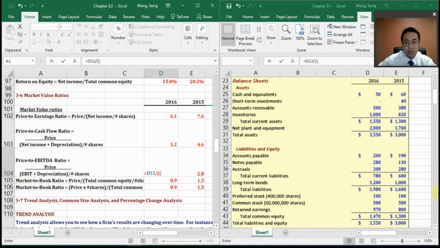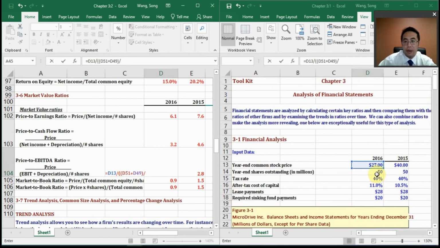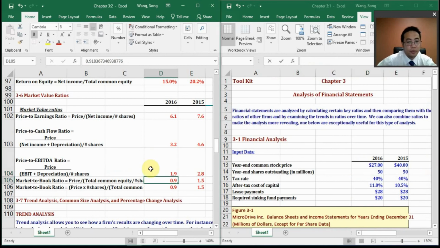The inside parentheses should include the EBITDA, which is EBIT from the income statements, plus the depreciation. All right, and then the whole thing will be divided by the number of shares on the top. It's given here, and then close the parentheses. Then drag it to the right.